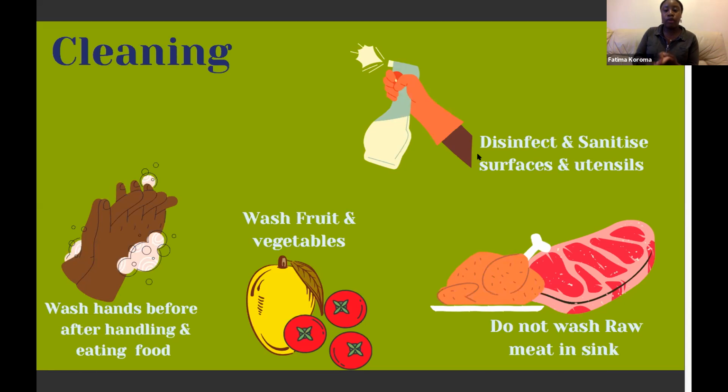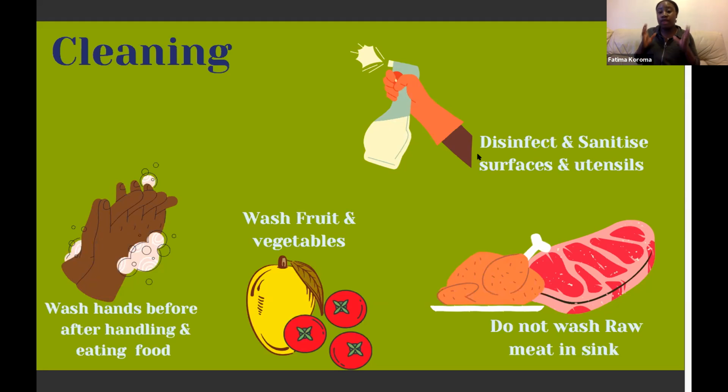Any chopping board you use, sanitize it well, any knife you use, sanitize it well, so that it minimizes the risk of that bacteria contaminating all the other food, or all the other surfaces or utensils that you have. So it's really important that you sanitize them well.